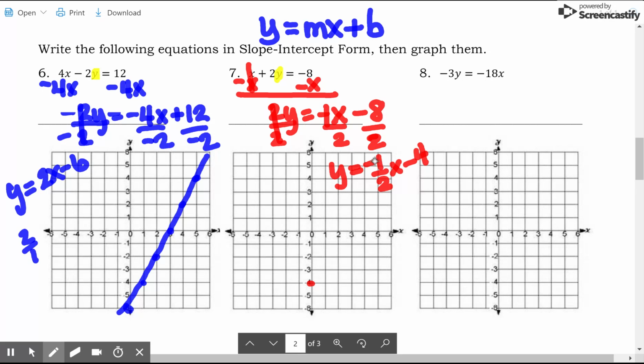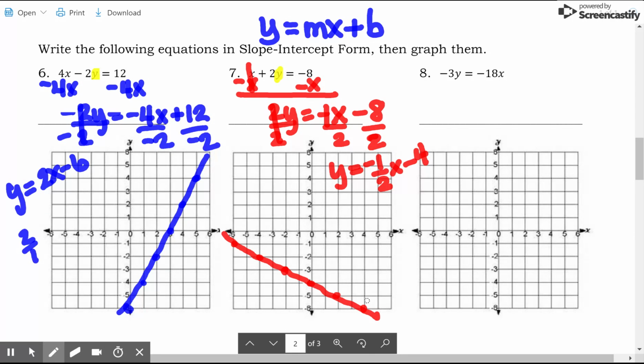My slope is negative 1 over 2. So my top number tells me to either go up or down. Since it's negative, I'm going to go down 1 over 2. Down 1 over 2. Conversely, I could go up 1, but then I would have to go back 2. That still gives me a negative slope. So the graph of that equation should look like this.